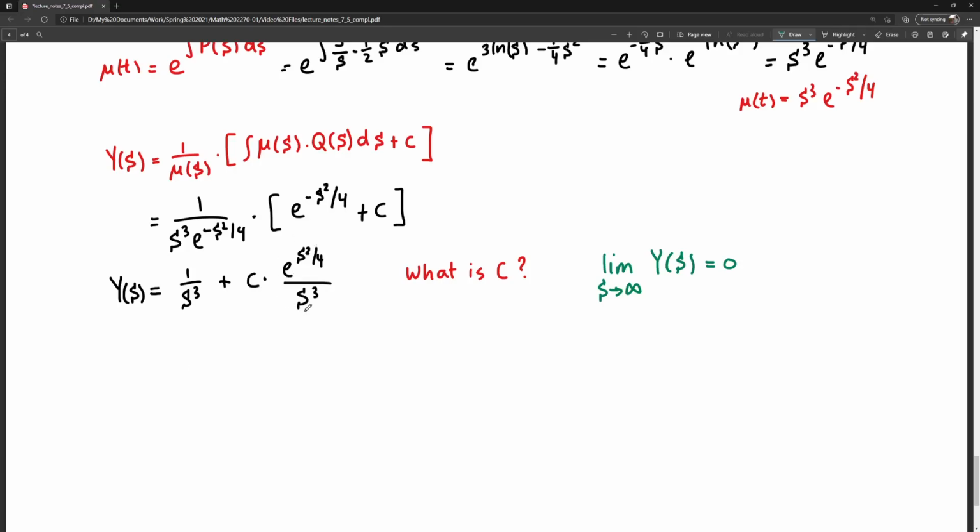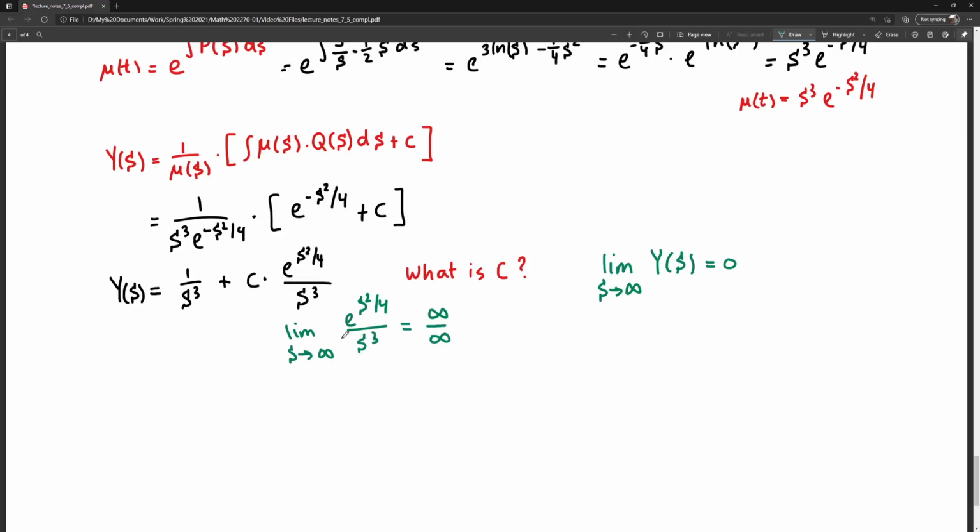However, for the second part, the top goes to infinity and the bottom goes to infinity. So the limit as s goes to infinity of e to the power s squared over 4 over s cubed is infinity over infinity, which is an indeterminate form.